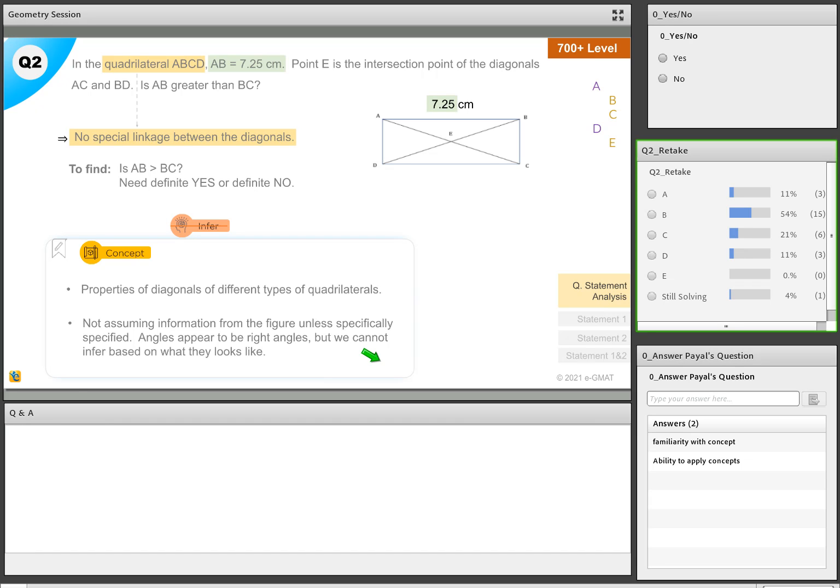How many of you assumed from the image that it's a rectangle? For those of you who selected choice A as the correct answer, did you assume that what's given to you is a rectangle? If you did, then that's a mistake. Do not assume anything from the image unless it is explicitly stated.